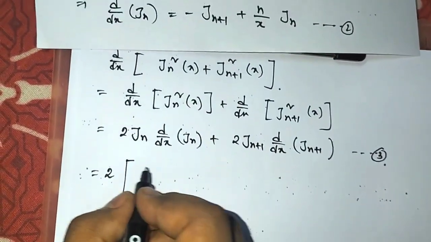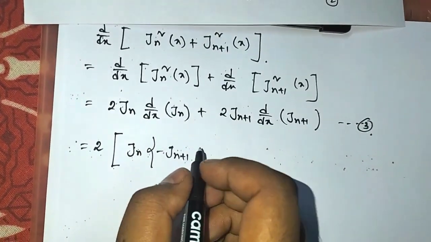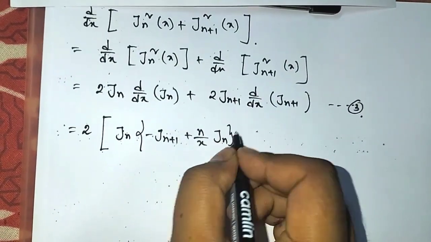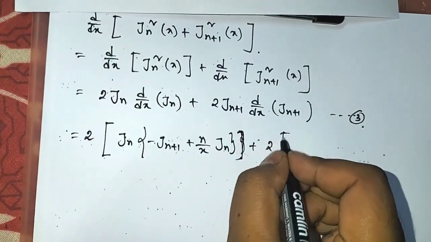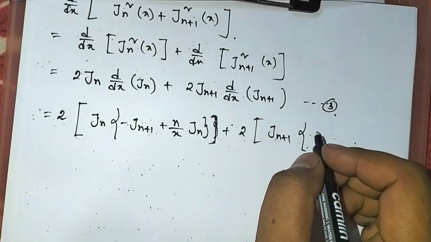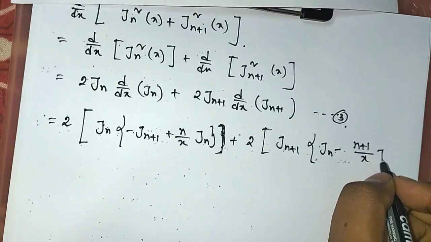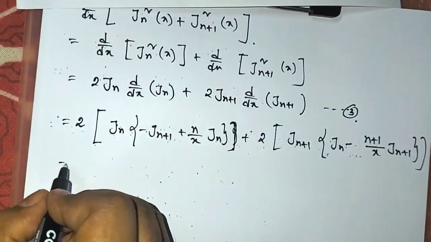So substitute this and you will get 2 J_n into minus J_n+1 plus n/x into J_n, plus 2 into J_n+1 into J_n minus (n+1)/x into J_n+1. Clear?